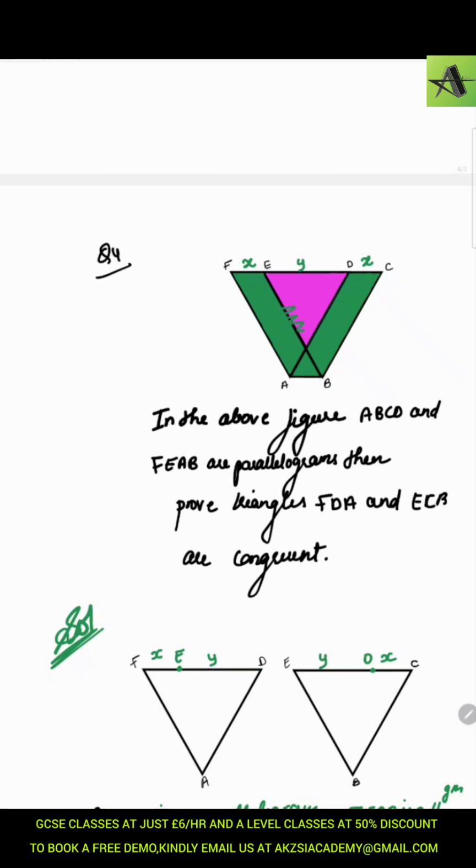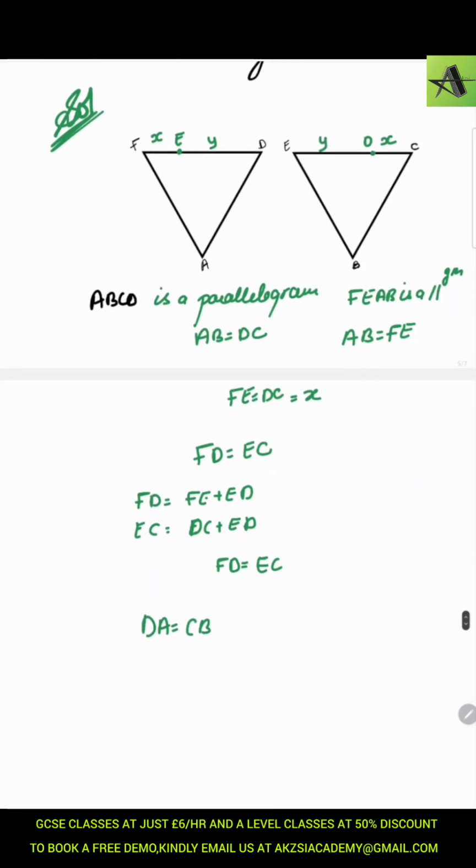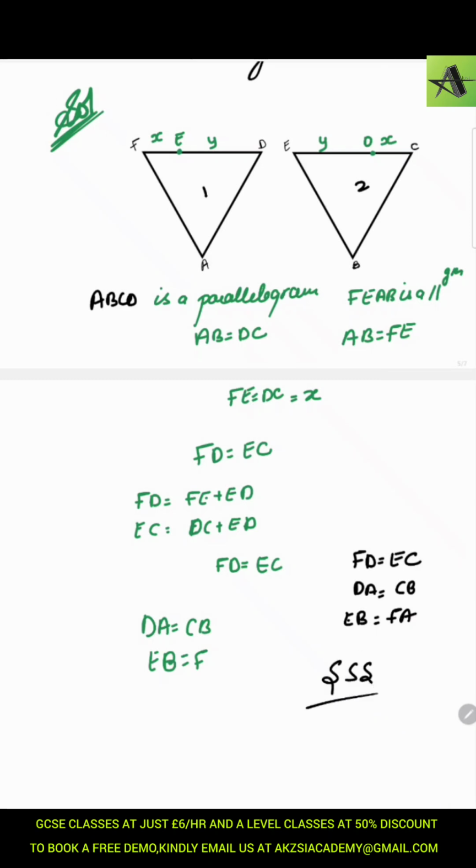So if I compare these two triangles, triangle 1 and triangle 2, FD equals EC. We just saw DA equals CB, and we just saw EB equals FA. So by sides, the triangles are congruent.